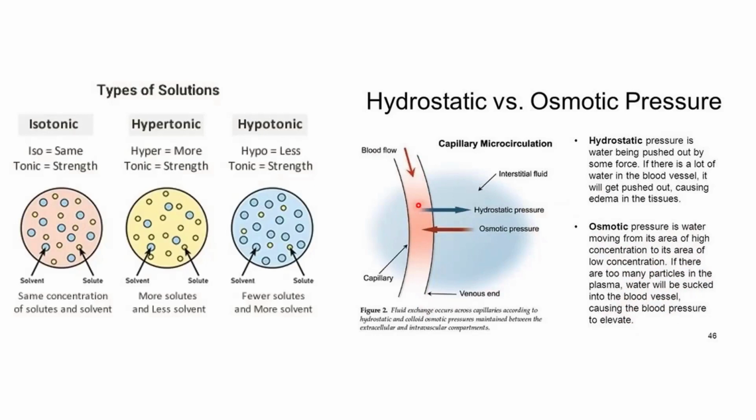This means that if this is hypertonic, it has more solutes and less water, right? So water is going to be pushed inside this blood vessel because of its higher concentration outside. So this is going to elevate the blood pressure as well. Okay. So this is how hydrostatic and osmotic pressures work in case of hypertonic, hypotonic, and isotonic solutions.